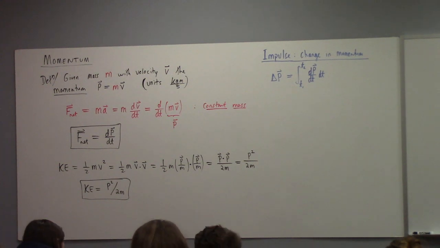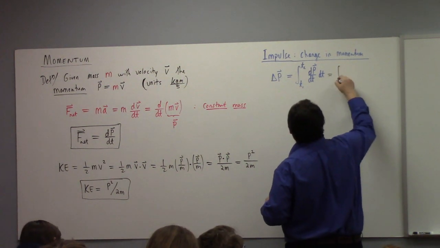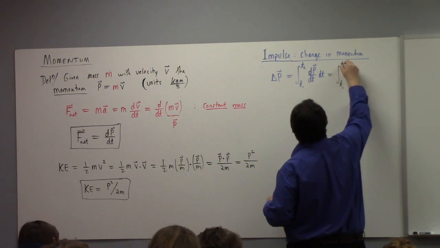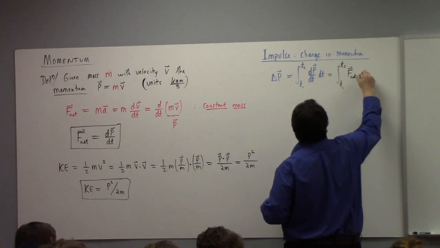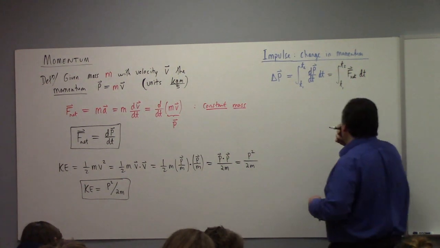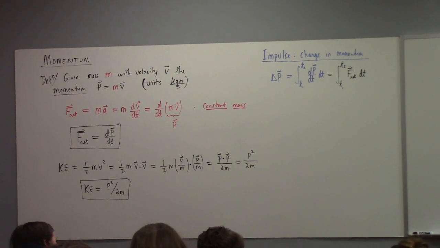But since we just had this discussion, if we know the net force, and we're talking about a single mass here, then we can say more. This is also the integral from t1 to t2 of the net force integrated over time. That would calculate the impulse here, if we could integrate the net force.